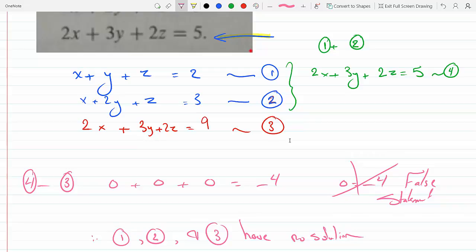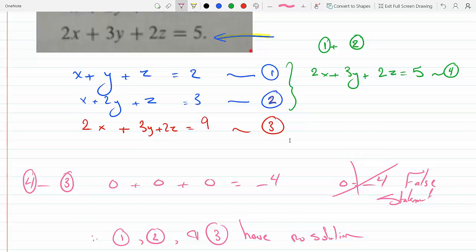So like the first plane has a normal vector 1, 1, 1. The second plane has a normal vector 1, 2, 1. Those two vectors are not parallel, therefore the planes are not parallel, and therefore the planes intersect.